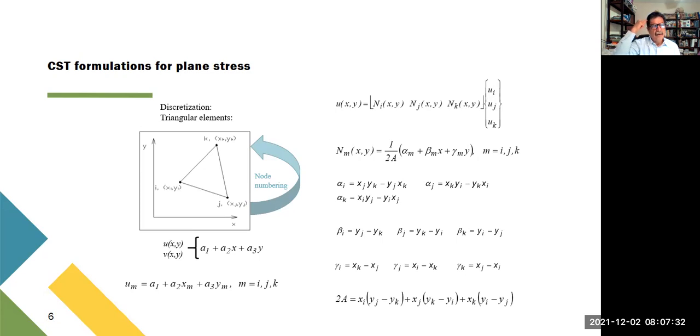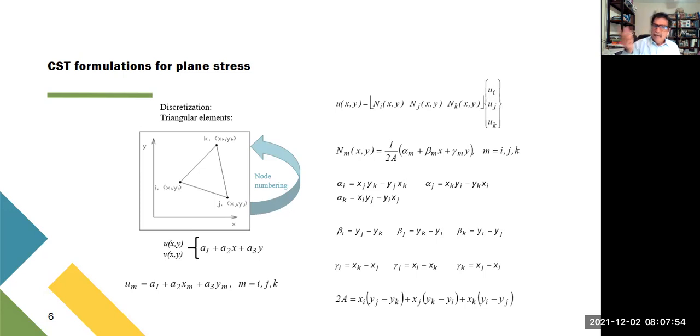And you have to remember what I did in order to get this: what I need to do is to remember what's the polynomial of interpolation. That's something that you and I assume. We could assume a different interpolation, yes, and the result will be different. But this is the simplest way.